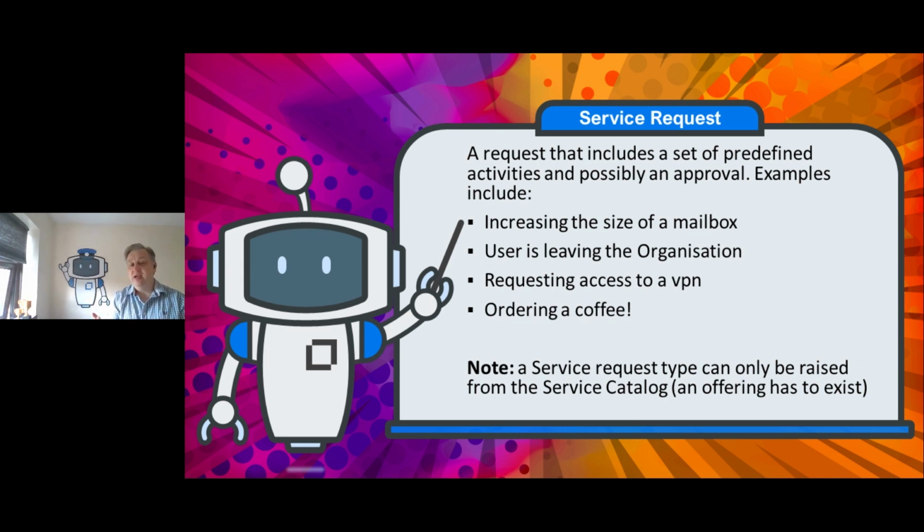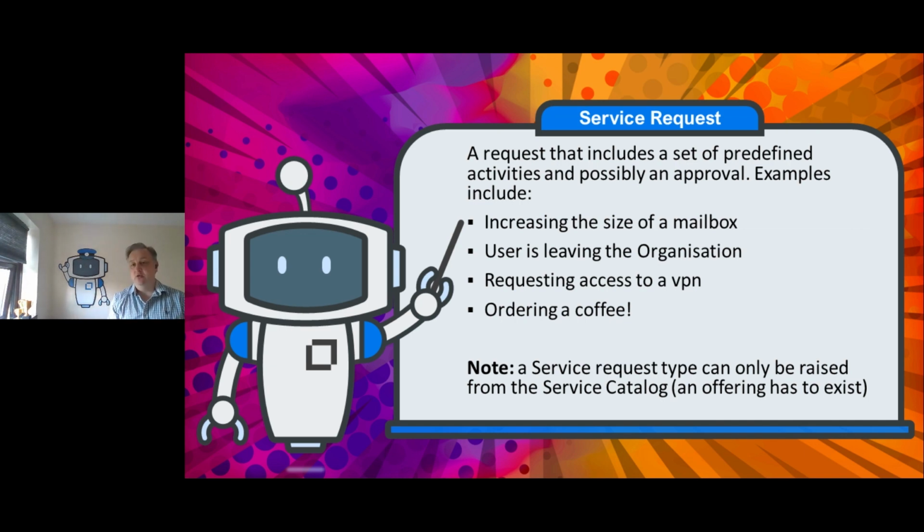So a good example here is increasing the size of a mailbox. Let's say my mailbox only has 5 gig, and I'm having issues with storing my email, and I need to increase it. That typically would be a service request where you've got the capability, you could standardize and even automate that overall setup for it. And it might need some approval, maybe because of the cost involved.